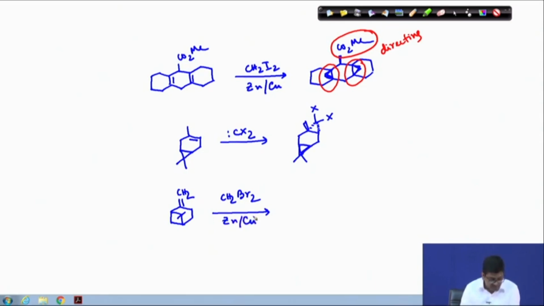So, what has that given? That has given this product, where the exocyclic double bond becomes the corresponding cyclopropane ring. Okay.